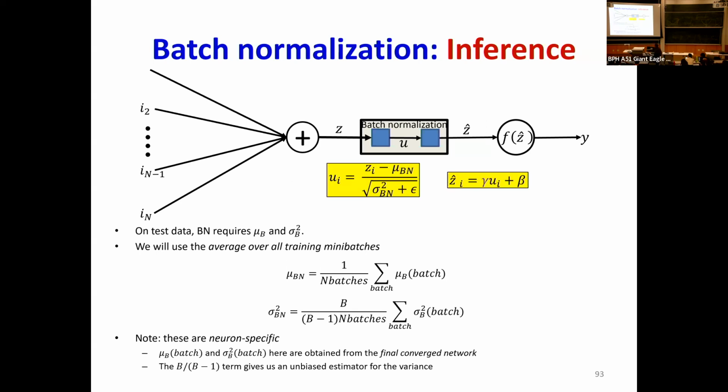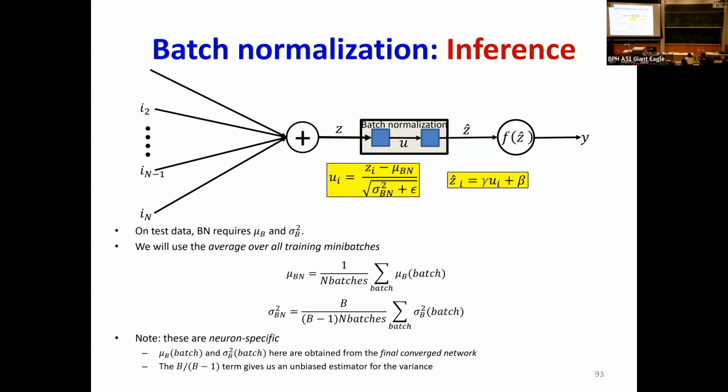So in that case, here is what we do. You would compute the average of the means of all of the mini batches that you had in training. Once the model is trained, you're going to go through your entire data. And for every mini batch, you'd have a mean and you'd have a variance, right? You'd compute the average of the means and the average of the variances.